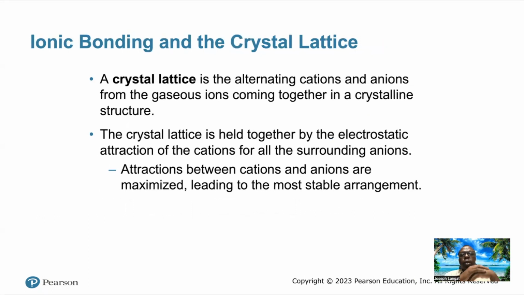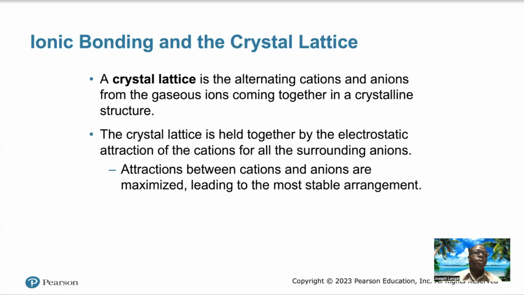Ionic bonding and the lattice energy. What is the lattice energy? Remember what I said earlier: lattice energy is the amount of energy required to break 1 mole of, let's say, sodium chloride into its constituent ions. The crystal lattice is the alternating cations and anions from gaseous atoms coming together in a crystalline form.